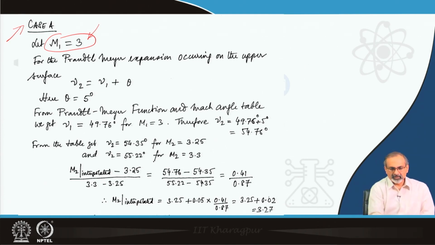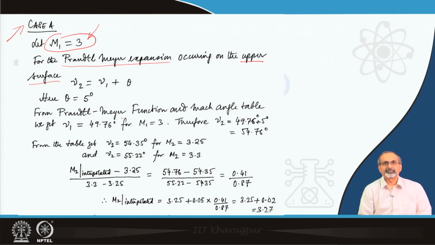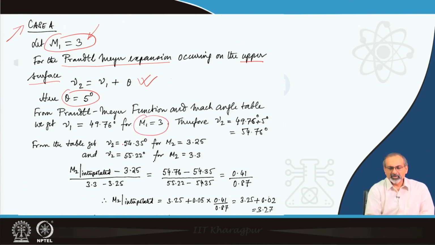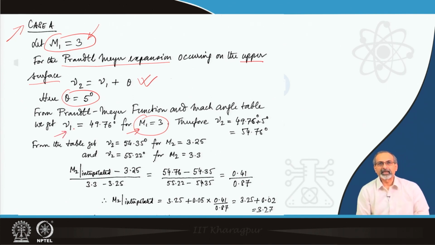If you look at the Prandtl-Meyer expansion which occurs on the upper surface, you can calculate the nu 2 after the expansion occurs, where the expansion angle, if you call it theta, would be 5 degrees because of the inclination of the plate, and the upstream Mach number before the flow undergoes the expansion is 3, based on which the nu 1 can be read from the Prandtl-Meyer function tables.